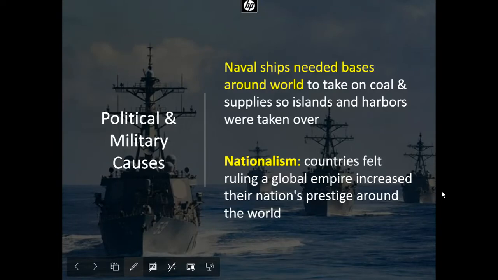And so countries want to essentially prove that their country is better. And part of doing that is to build an empire to increase their nation's prestige, or their reputation and their power. So let's not pretend that the only reason this is happening is for money. There's also the idea of national power and national pride in going and building an empire.